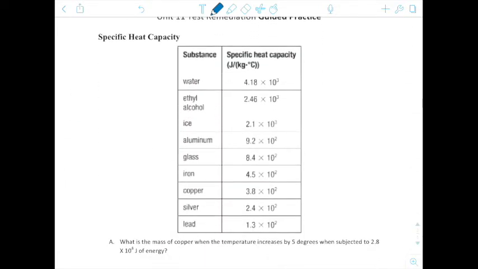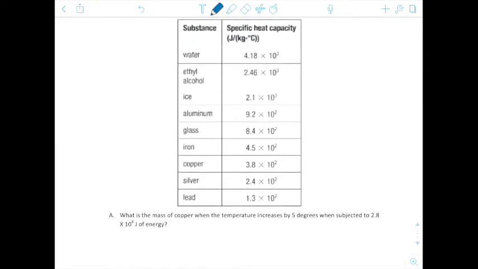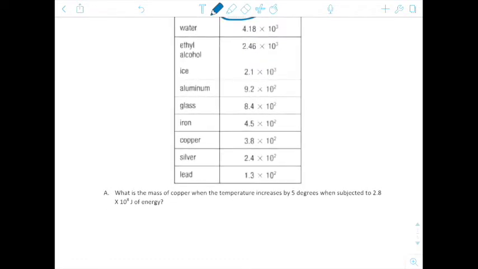Looking at specific heat. So when working with specific heat, we're using the equation Q equals mc delta T. And so we have our specific heat capacities. Pay attention to our unit here, joules per kilogram degrees Celsius. And so it's of different substances.